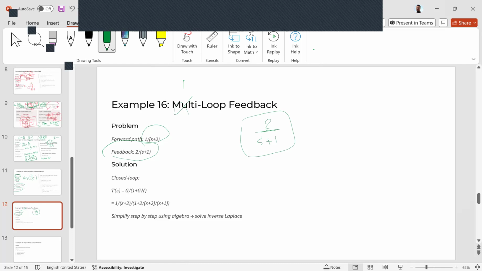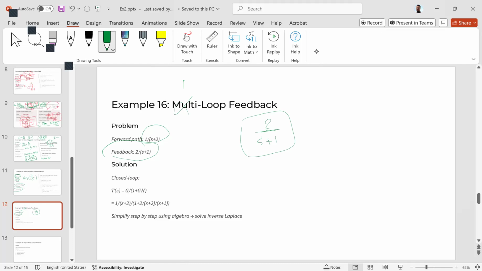Are we good on that? The shape should be clear. This is a transfer function that could represent an inner feedback. We know that the feedback formula is G over 1 plus GH.